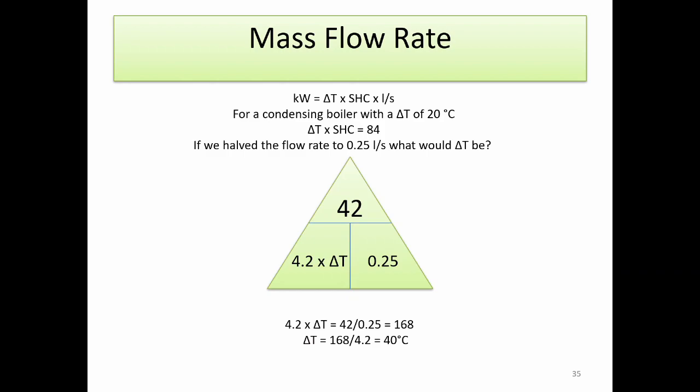That's our kilowatts divided by our flow rate. So therefore the delta T is going to be 168 divided by 4.2, which is 40 degrees centigrade. In practice, our modern condensing boilers wouldn't like that higher DT and would modulate down their output. So if we wanted to get back to a delta T of 20, the boiler would have to halve the output.